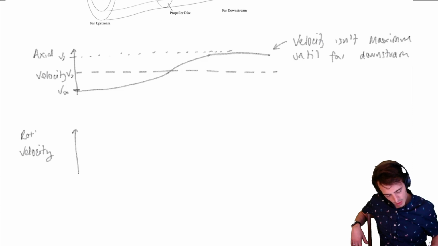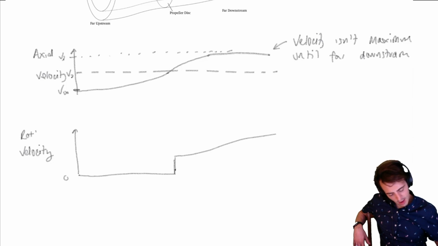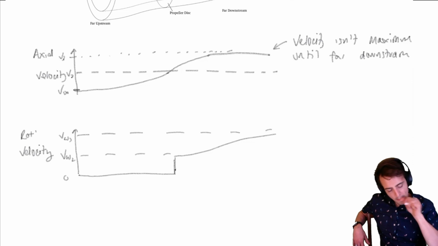Then we'd have 0 all the way until we hit the disk, and then we suddenly have an increment here, and we then see that swirl increase. Let's draw that as a nicer line until we hit our final value here again. So we've got V omega 2, V omega 3.